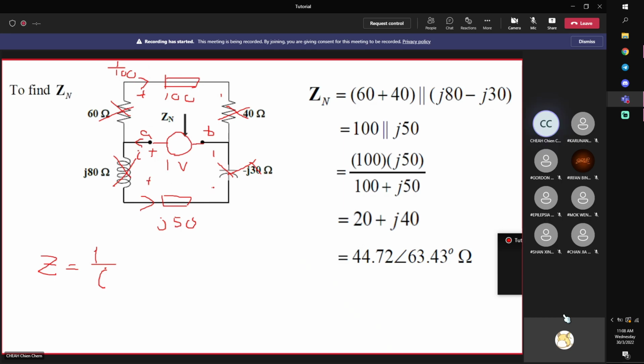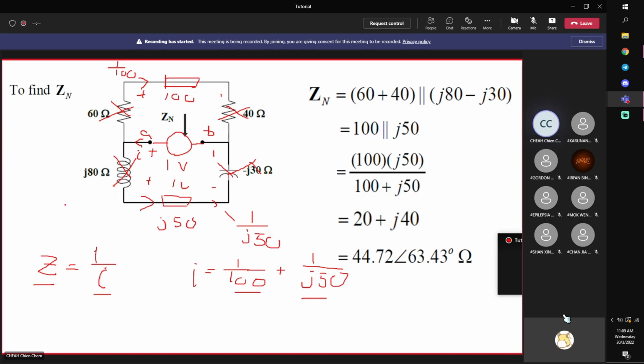Now this is 1 volt, so the current here is 1 volt divided by J50. And inflow equals outflow. So your current I is 1 over 100 flowing through here, plus 1 volt divided by J50 flowing through here. So actually you see something like this. You add up the admittance, then you invert the admittance to get back the impedance, right? It's similar.